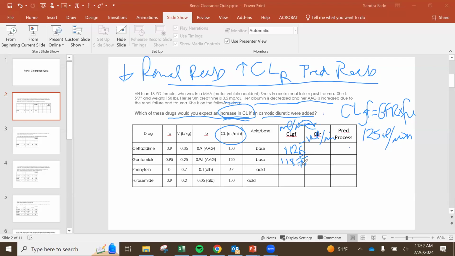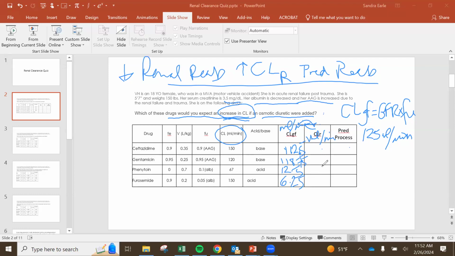Okay, phenytoin is only 0.1% bound, so it's going to be 125 times 0.1 or 12.5. We don't really need a calculator for that one, do we? And then finally, furosemide, which is only 5% free, so it's highly bound, isn't it? So 0.05 times 125, 6.25.